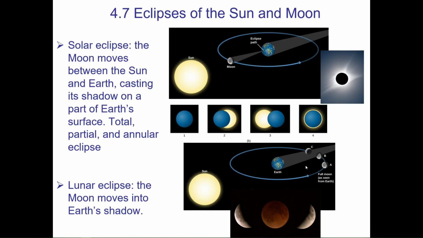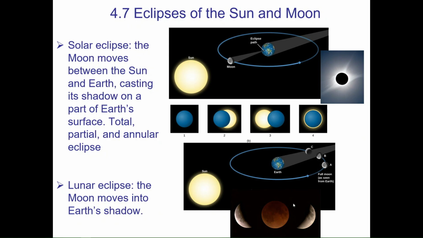It can still reach the moon when the moon is 100% in the Earth's shadow. So this gives the total lunar eclipse its reddish color. And sometimes people like to call this a bloody moon.